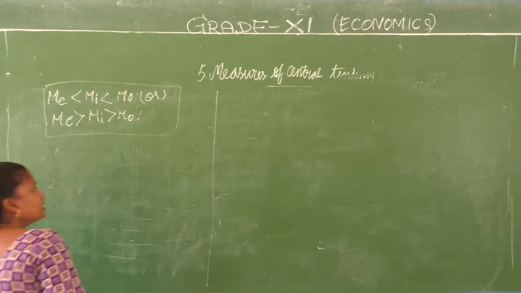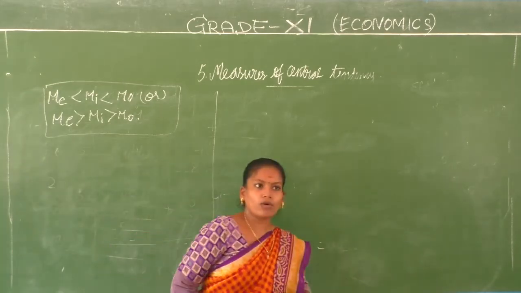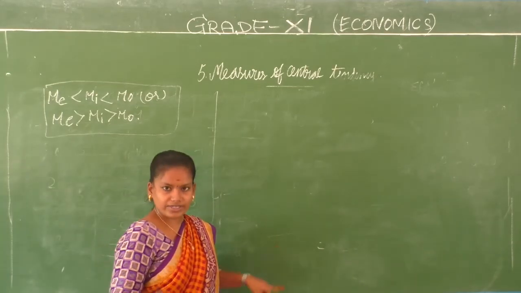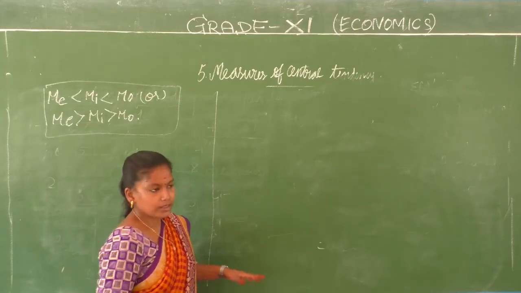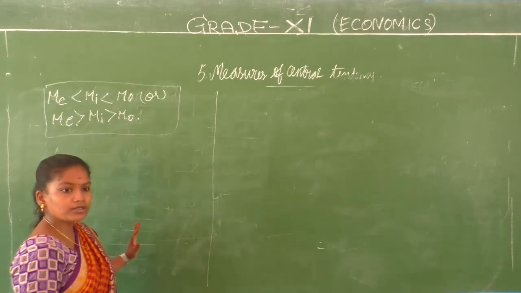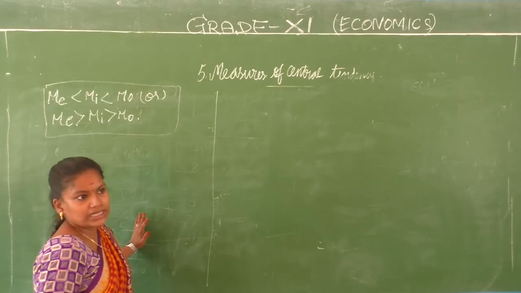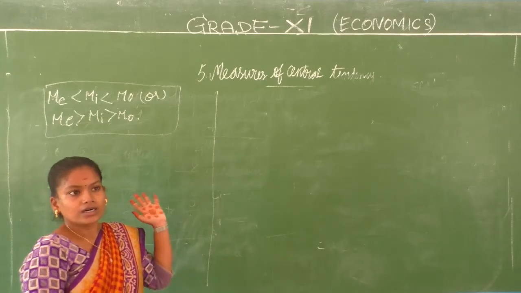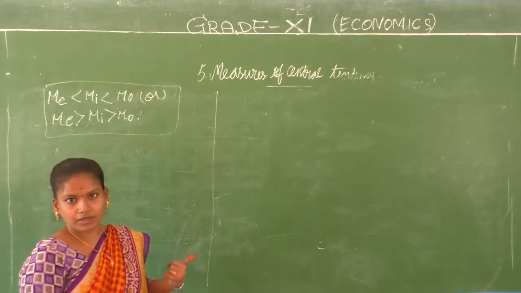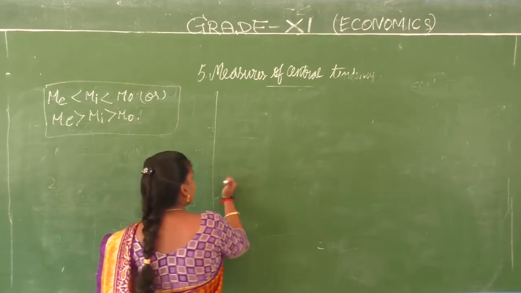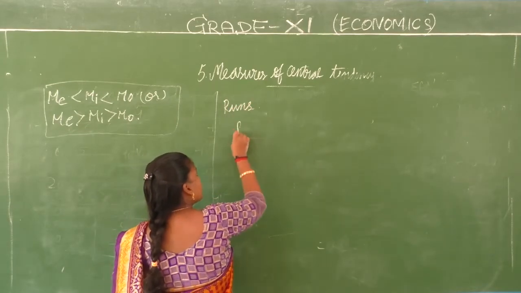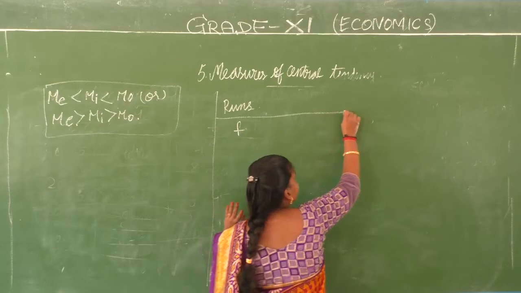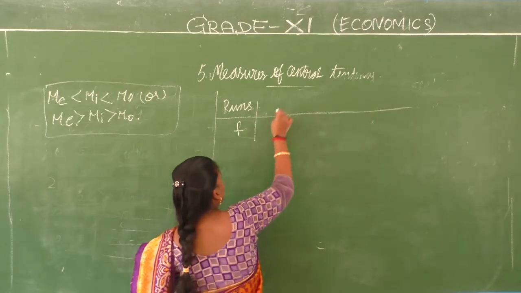Right. Proceeding. What is the example that I have here? I want you to copy the question as well as the answer. Here, the runs scored by a person in his cricket career have been given. You just go ahead and find that. We have runs and how many times he has scored them.